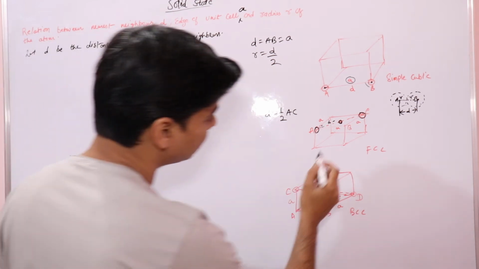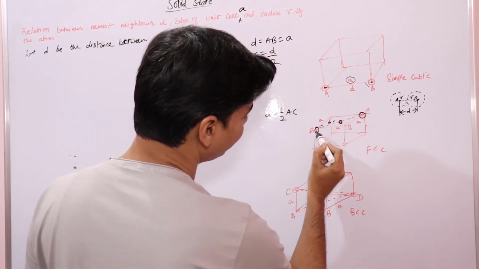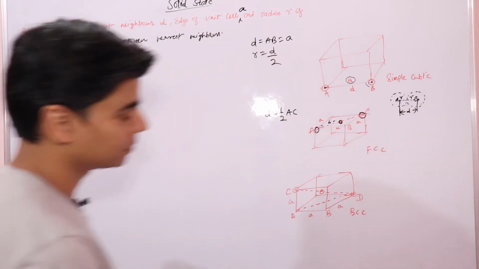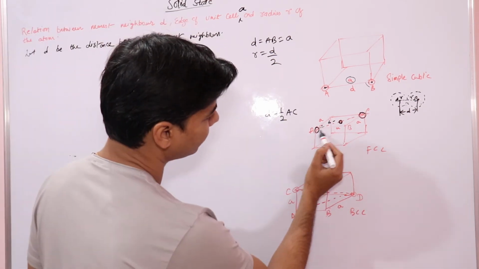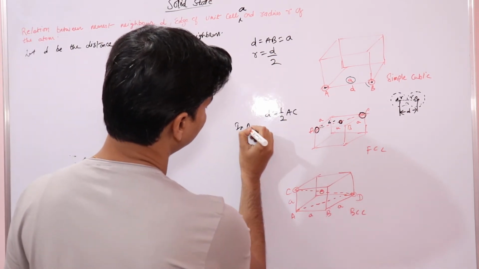Now if you consider this triangle ABC, right angled at B, we apply the Pythagoras theorem. AC square is equal to AB square plus BC square.